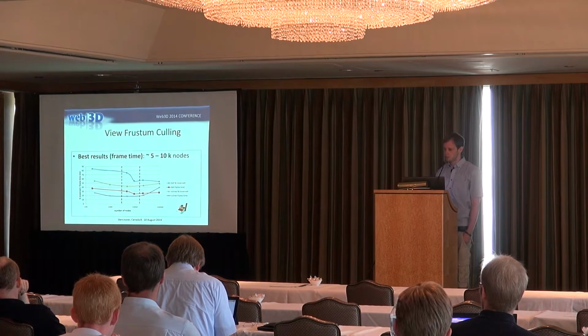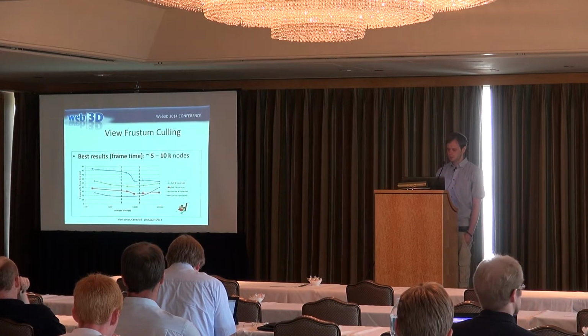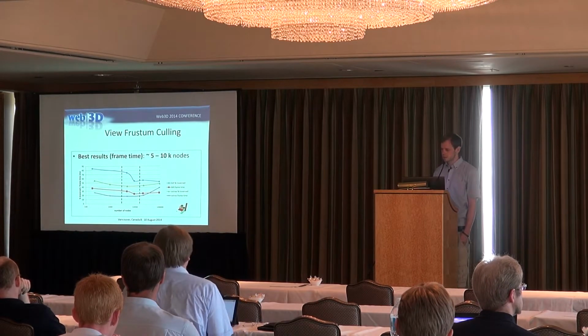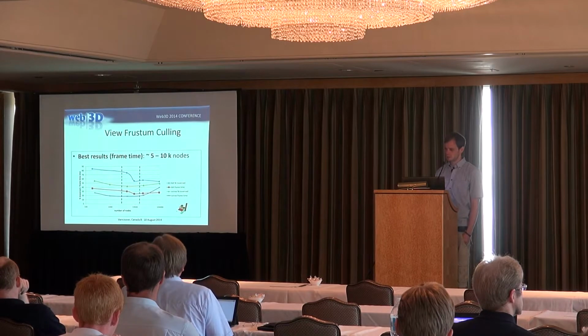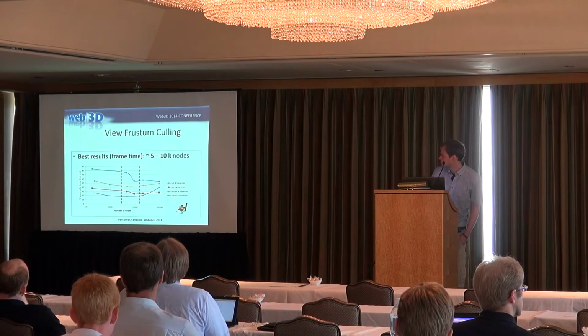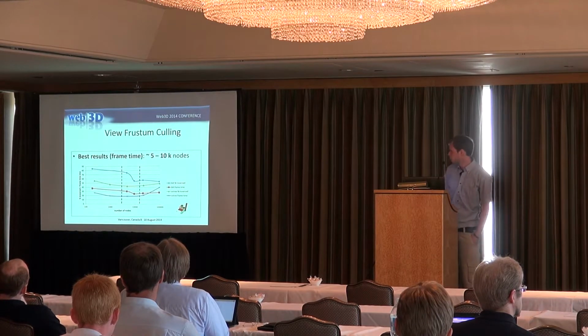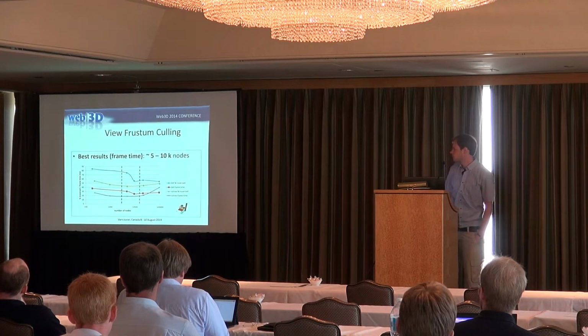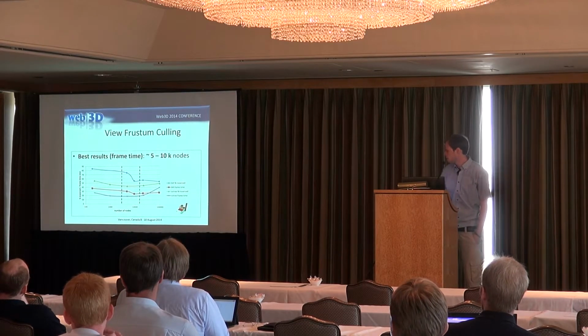If the node count got too high, the additional calculations didn't pay off anymore, but if the node count or the spatial subdivision was too coarse, the view frustum culling simply was not efficient enough anymore. I don't know if you can read it, but the blue line and the green line show the percentage of traversed nodes during the walkthrough, whereas the red and the purple line show the resulting frame times.